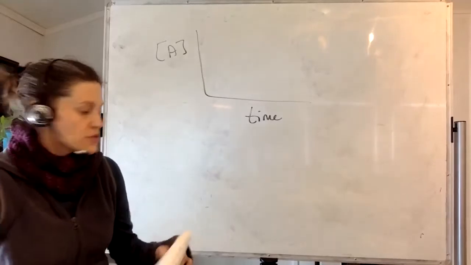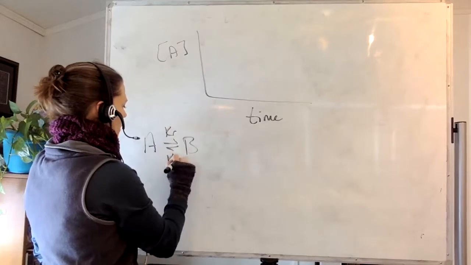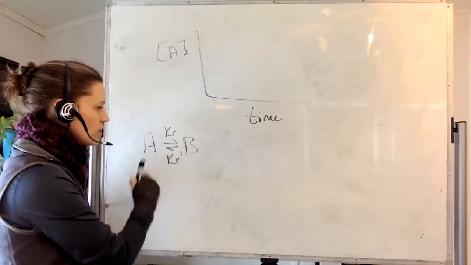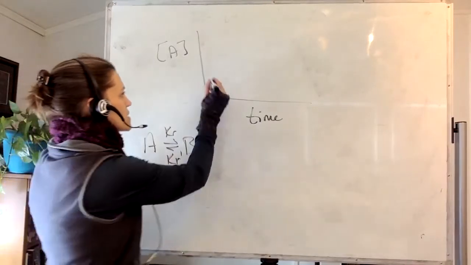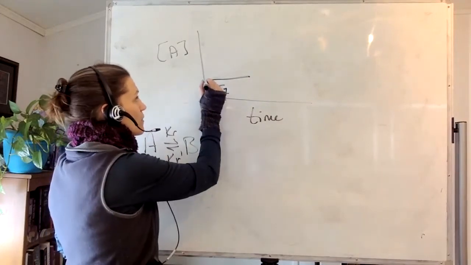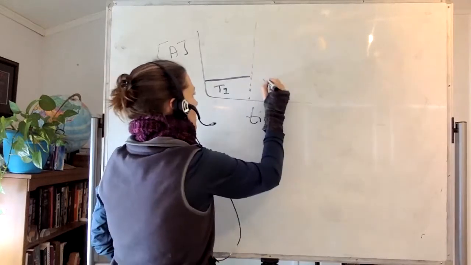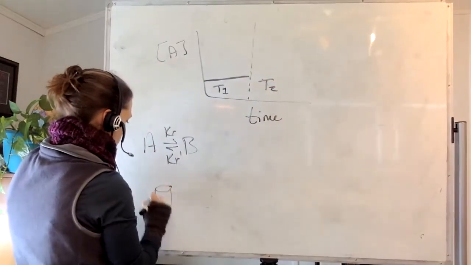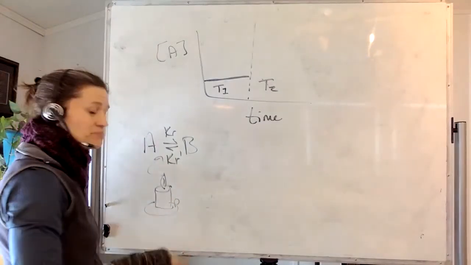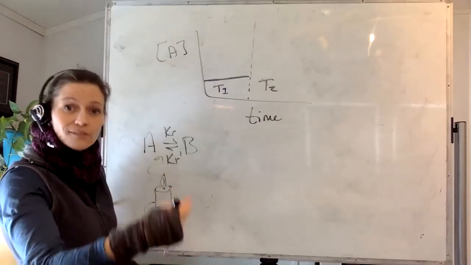Okay, so let's assume that we've got A and B with Kr and Kr prime. Again, Kr being the rate constant of the forward reaction, Kr prime being the rate constant of the reverse reaction. And at some temperature, T1, we're at equilibrium. Then all of a sudden you turn on the heater. Here's my little PChem candle. So I'm adding heat energy. That's going to affect the equilibrium constant, Le Chatelier's principle.